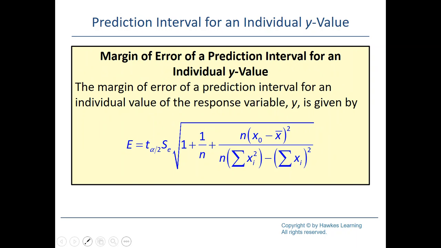It is a little crazy, so be aware that the margin of error of a prediction interval for an individual value of a response variable y is given by the following.